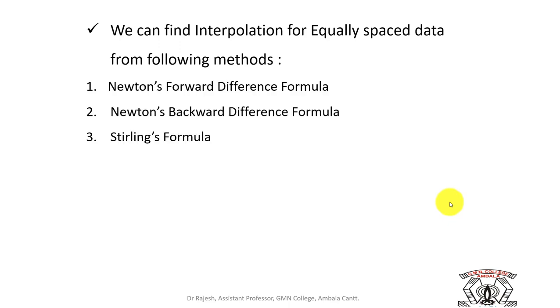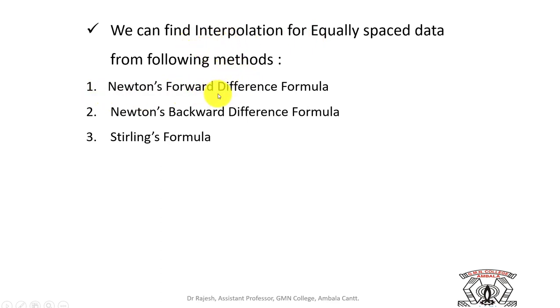We have the three methods. The fourth one will also have Bessel's formula and Abbott's formula. The fifth one we will study later, but as of now I am discussing Newton's forward difference formula, Newton's backward difference formula, and Stirling formula. These are the interpolation methods for equally spaced data.